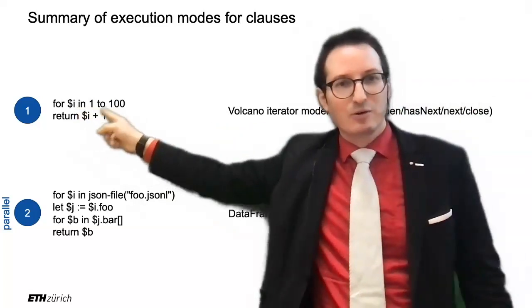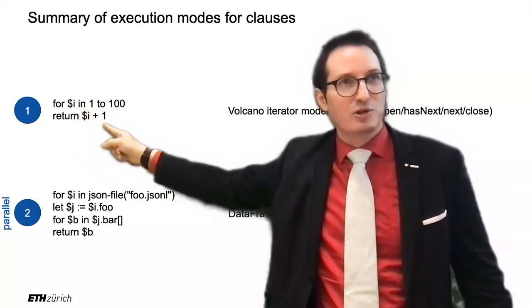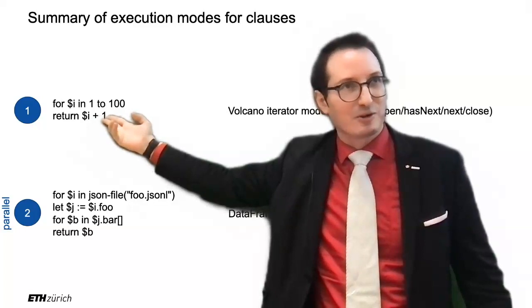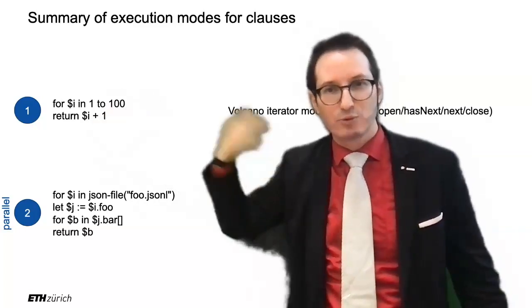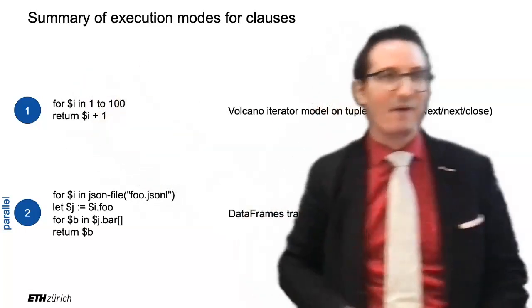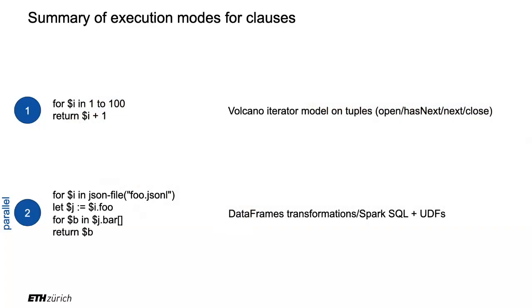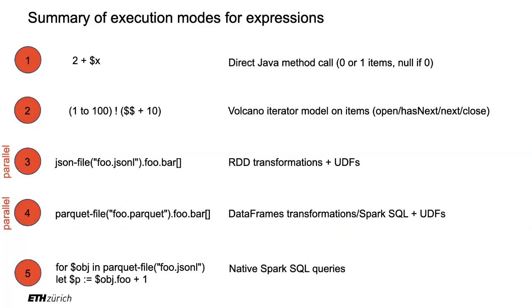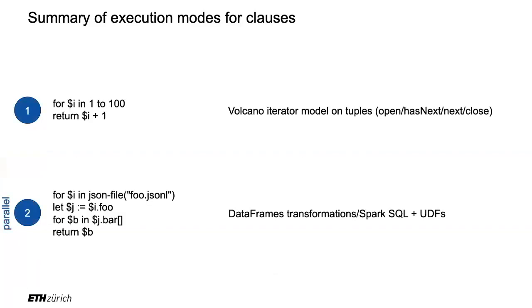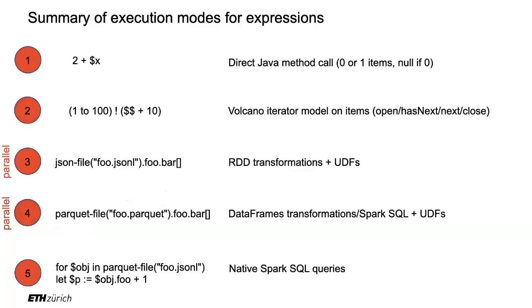I mean, look at that. You know that this goes in just a few milliseconds, something like that on the laptop. Imagine the time it would take to set up a Spark cluster and run that in parallel. It's always a call to make, basically. Okay, so this is for the FLWOR expressions. They can either be executed with data frames or locally.